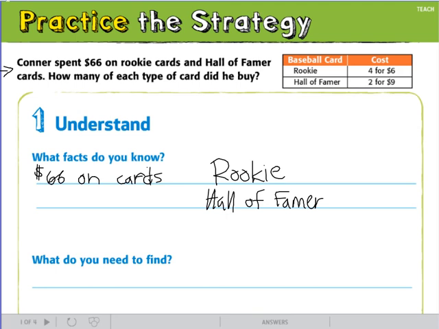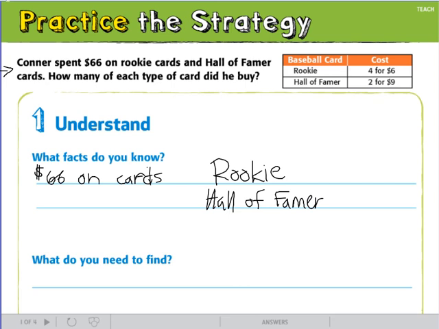His name is Connor. That does not have anything to do with my math problem, but you are 100% correct. We're looking for math facts, things that we need to solve our problem. What else do we know?